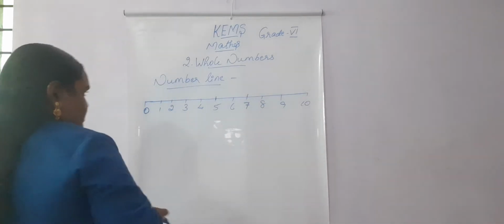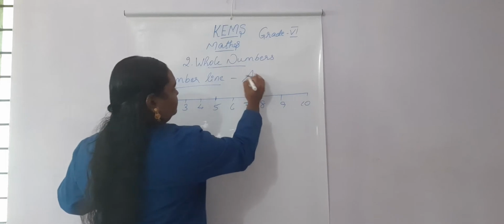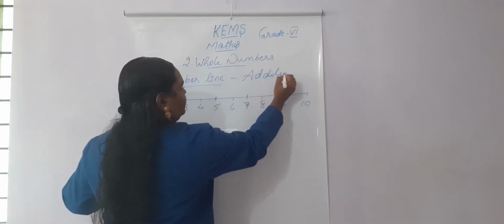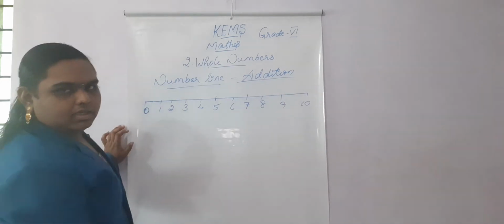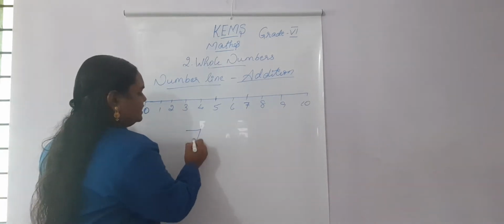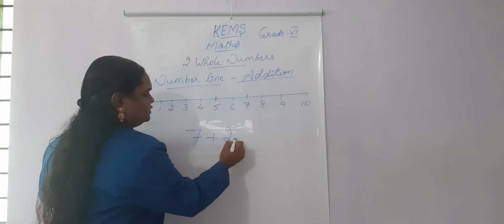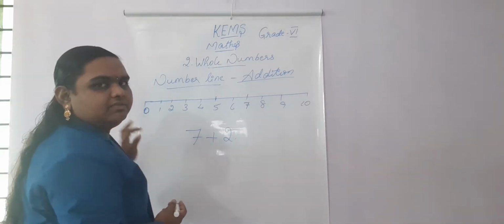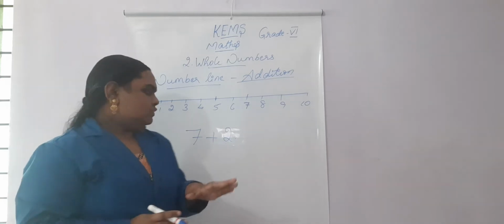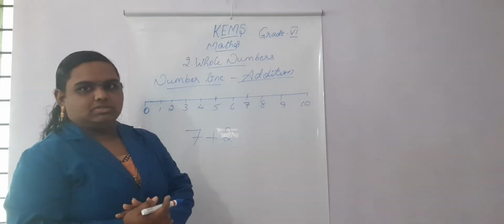Next, I am taking the addition on number line. How to add the numbers? I am taking 7 plus 2. So, I have to add these two numbers.